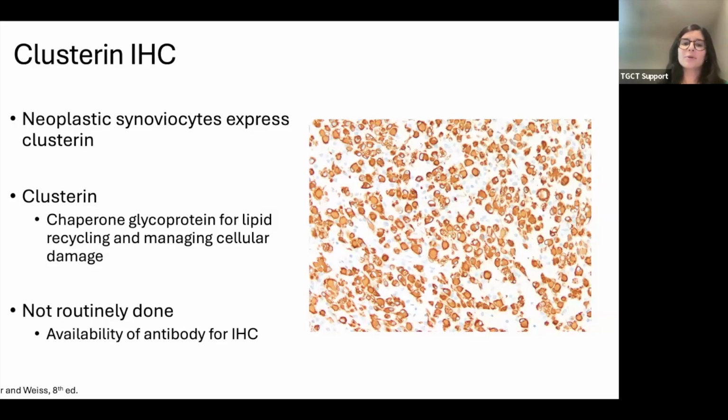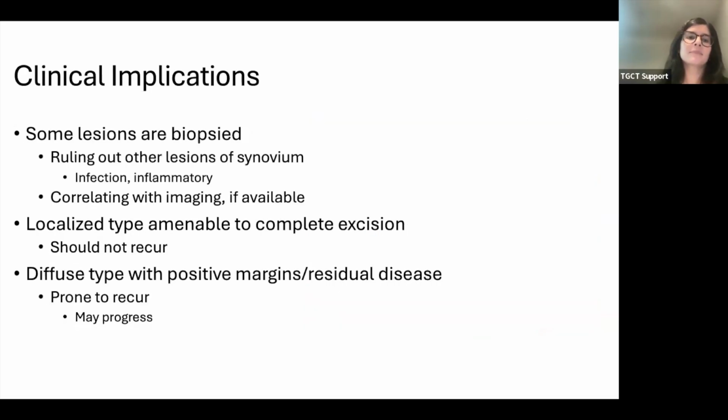It's a chaperone glycoprotein that is involved in a little bit of lipid recycling and managing cellular damage, not important to know. And again, this is available, but not routinely done. What we use is really imaging, clinical data, and what we see histologically.